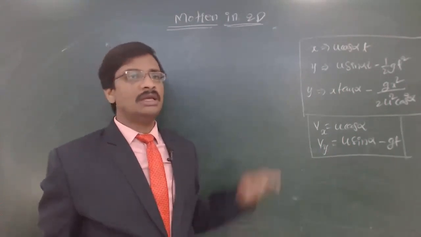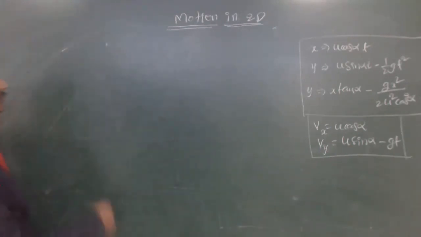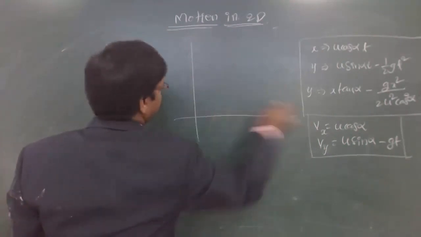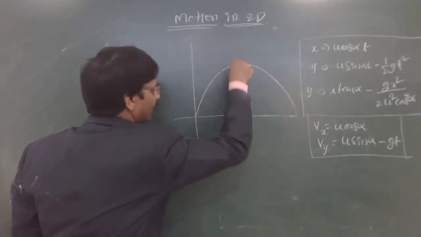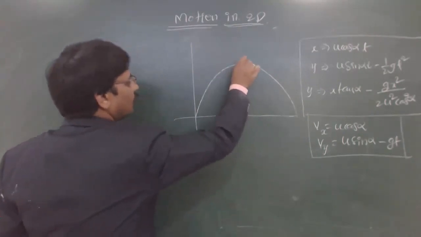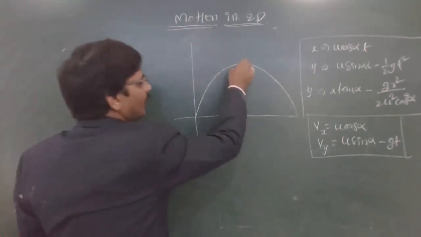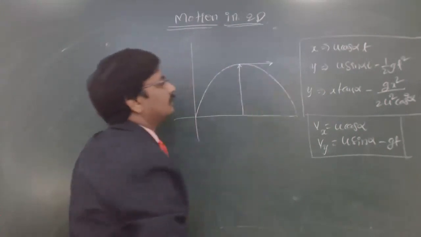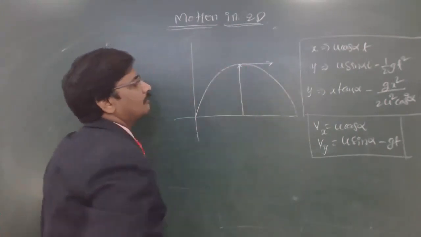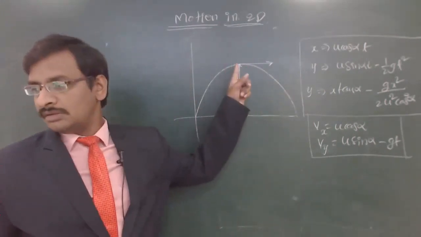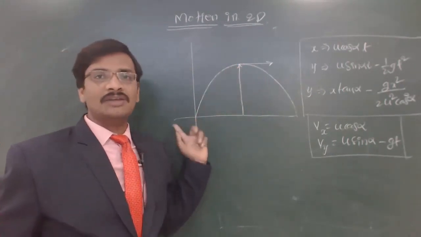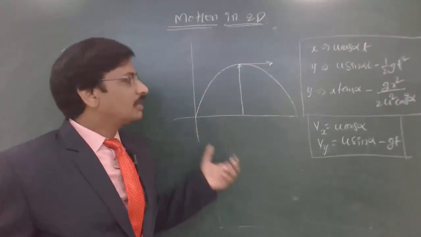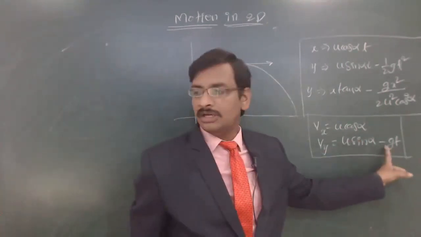Now here if you want to find out some other information like what is the maximum height it can reach, at this maximum height position, if you notice, there will be a horizontal component of the velocity and the vertical component of velocity becomes 0 there. Because the vertical component of the velocity started with u sin alpha, and it keeps on reducing with time depending upon this relation.